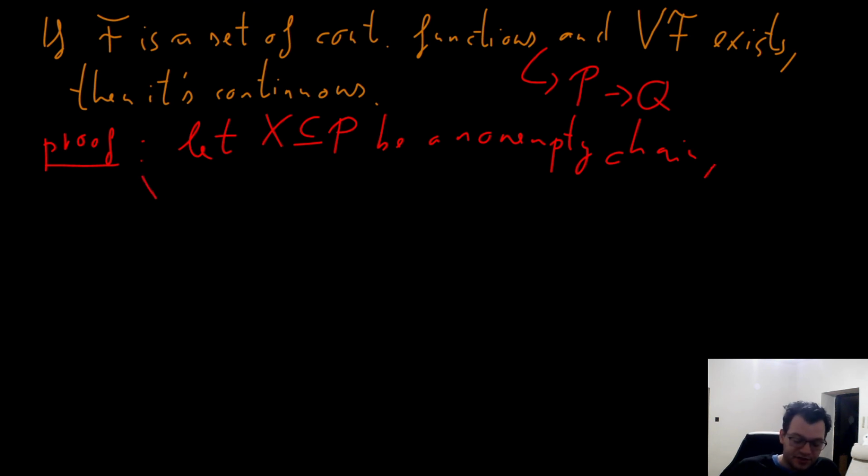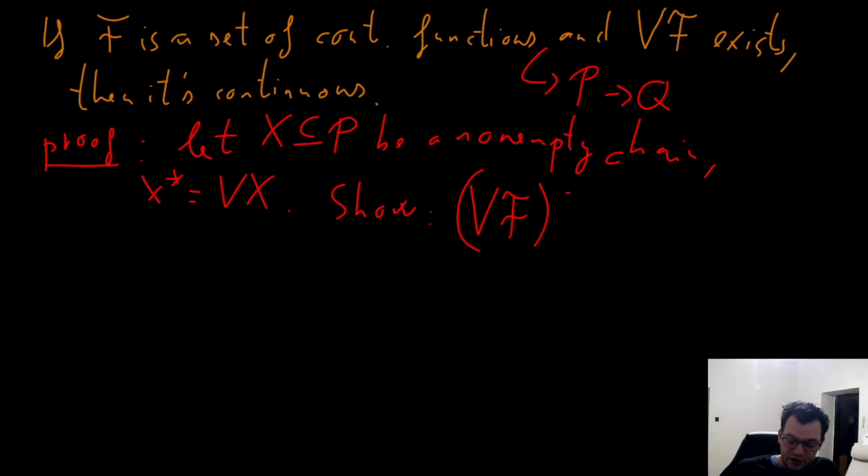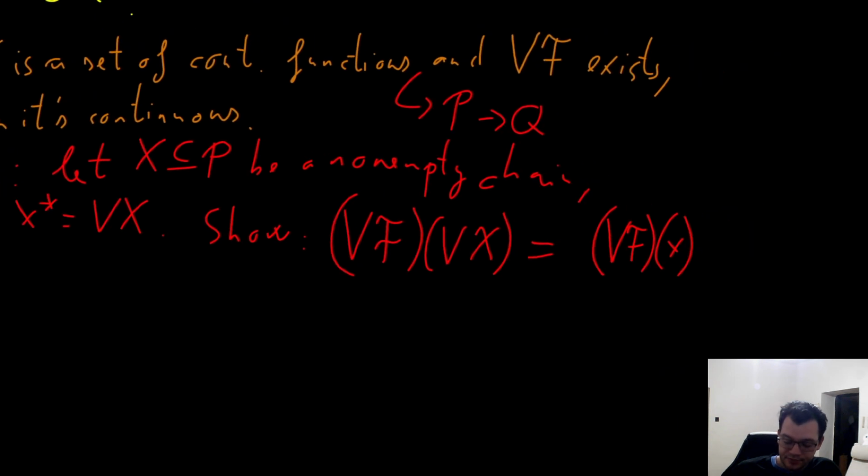And let X star be just the supremum of X. We have to show that if I apply the supremum function on the supremum of the set, that's the same as if I apply this supremum function on all the possible values and then take the supremum of these results.